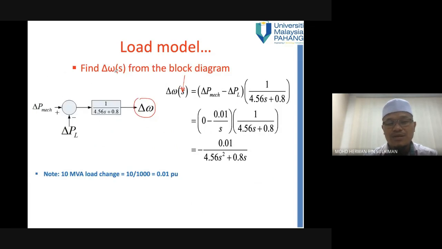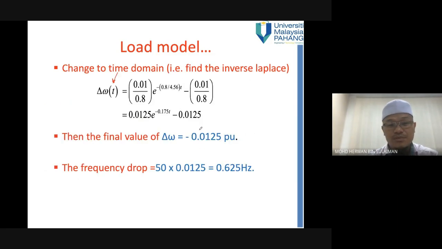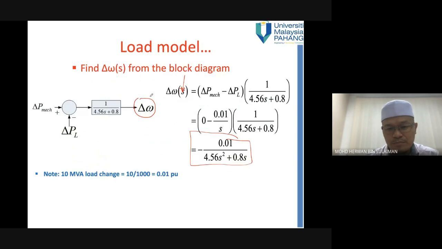So dia kena rearrange the equation supaya you ada dia punya table, betul tak? So bila you buat in time domain, kena buat something kat sini.